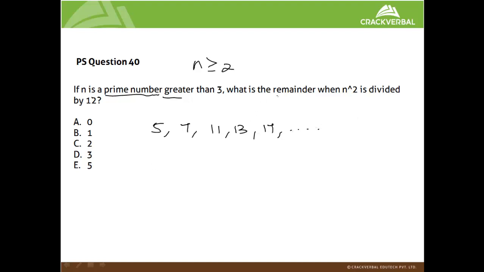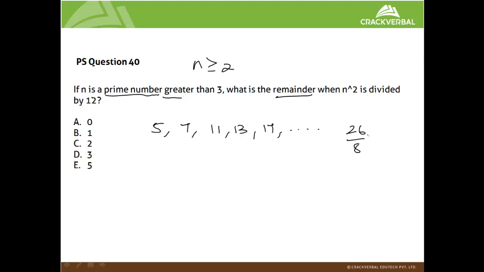So now the question is, what is the remainder when n square is divided by 12? What is a remainder? Remainder means whatever is left over when we divide by some divisor. For example, when I divide 26 by 8, the remainder is 2.